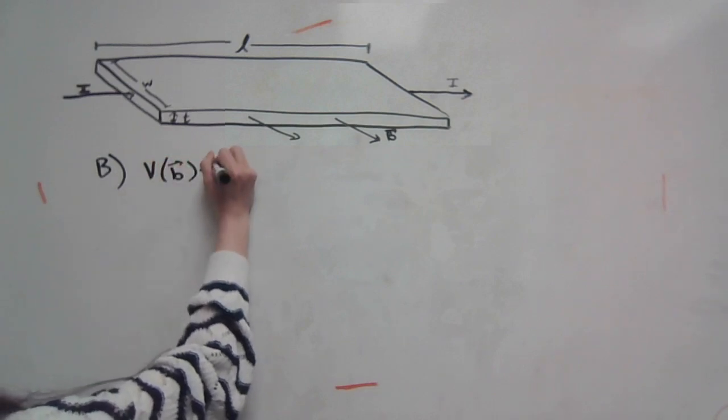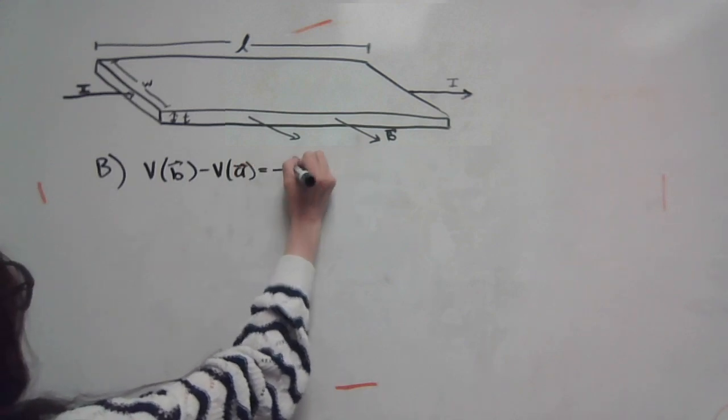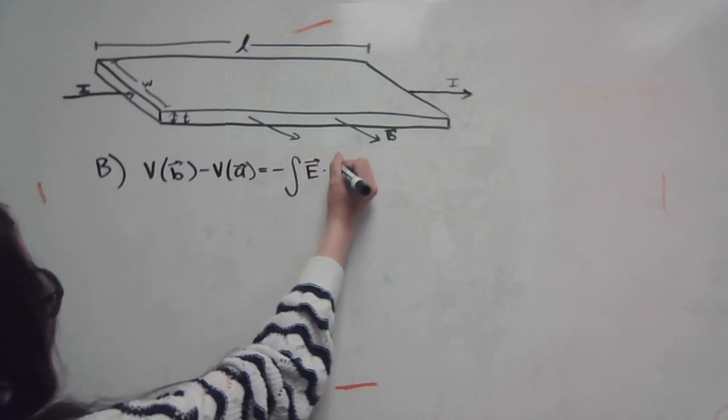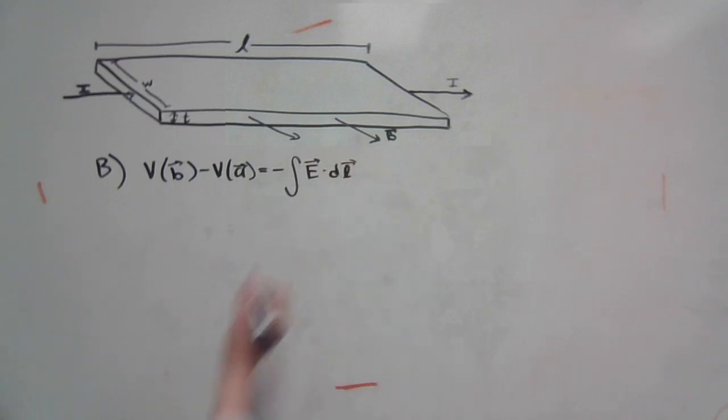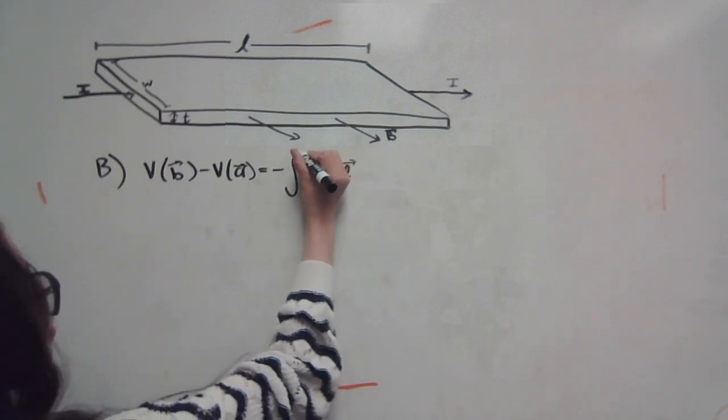V_B minus V_A equals negative the integral of E dot dl, and this goes from A to B.